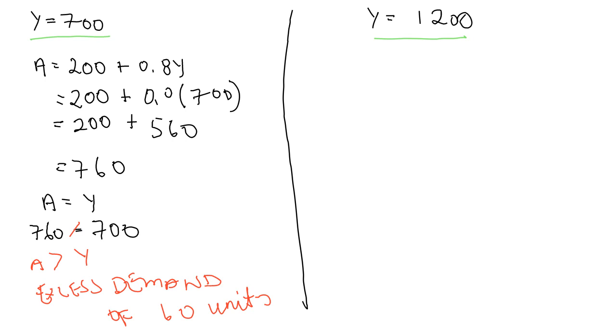On the other hand, if we plug in exactly the same thing for your next scenario, we'll have A is equal to 200 plus 0.8y.